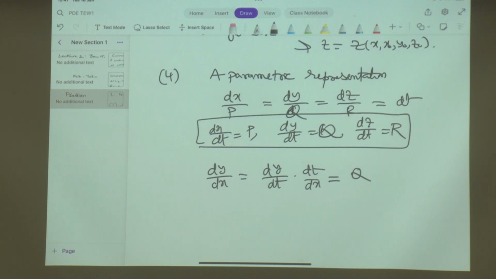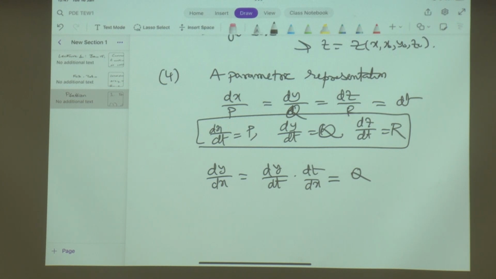I don't know the background of the students. There are students also, right? Are there BSc students? Yes. Okay, then they may not have seen the inverse function theorem. They have seen? Okay. So it is that. It is not 1 by dx by dt, it is some kind of inverse. Phi circle psi equal to identity, you differentiate: phi dash at some point into psi dash at some point equals 1.